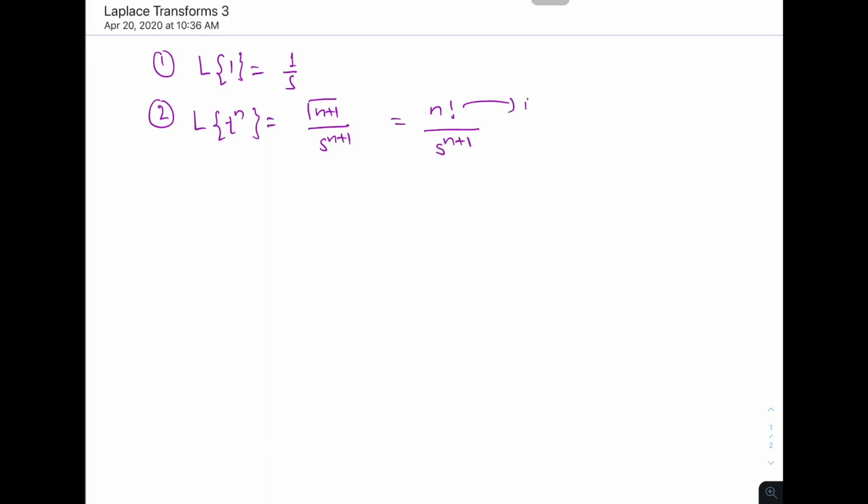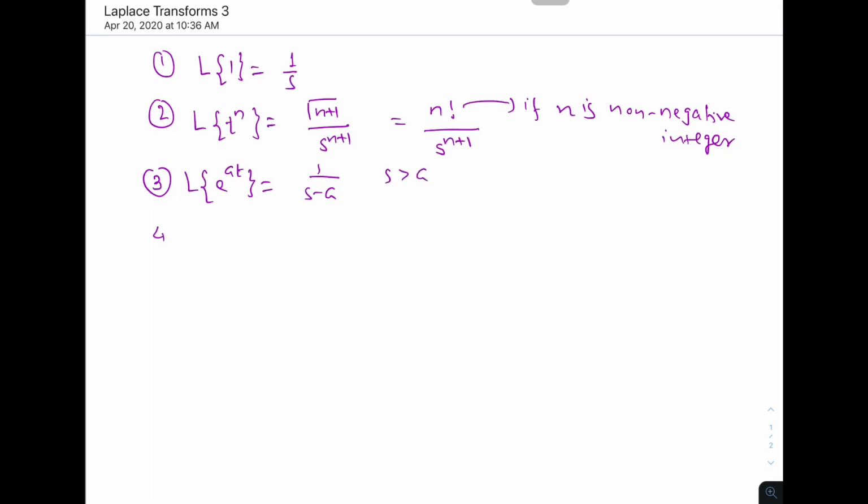Then the Laplace transformation of e to the power at is equal to 1 over s minus a.